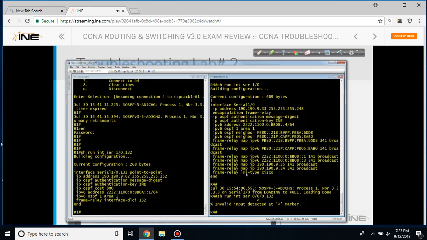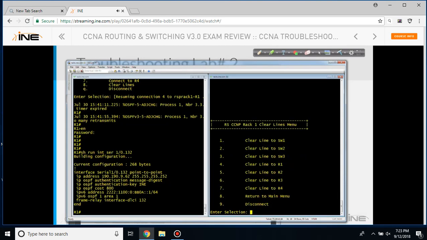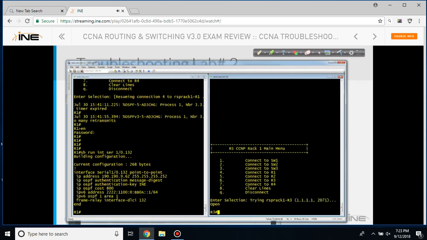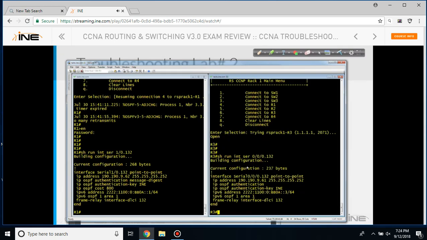Oh, not router 4. You want router 3. And yes, it is. Plain text authentication on router 3, message digest on router 1.